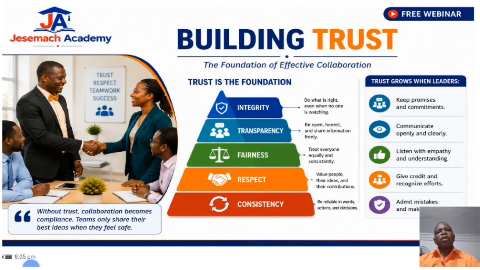So the components of trust: the first is integrity. That is, you have to do what is right, even when no one is watching you. The second one is transparency. Be open, be honest, and share information freely within your organization so that the information will help others make progress with their work.